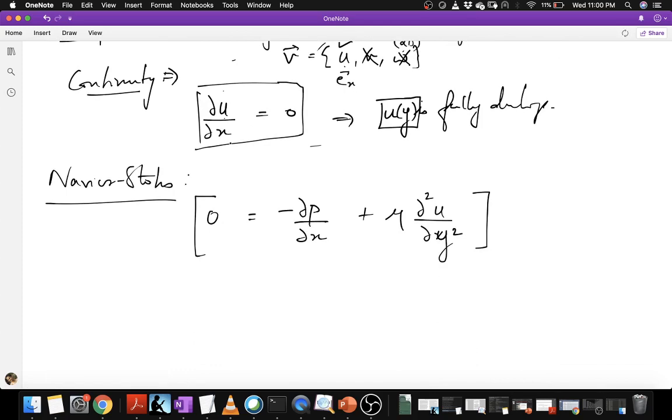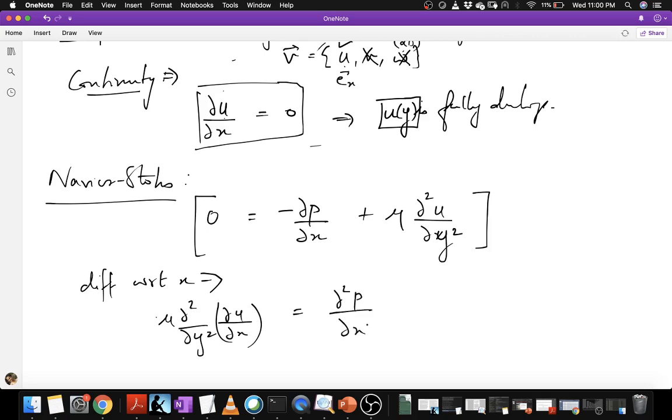Remember, du dx is 0. So if I differentiate with respect to x, I get that mu dou square by dou y square of dou u by dou x must be equal to dou square p by dou x square. But I know that this is 0, which implies this is 0, which in turn implies that dou p by dou x is a constant.